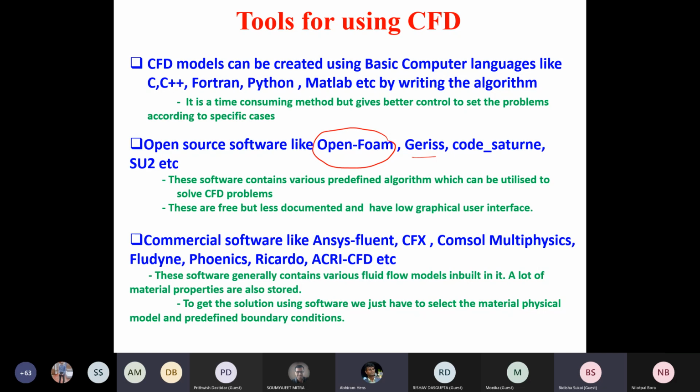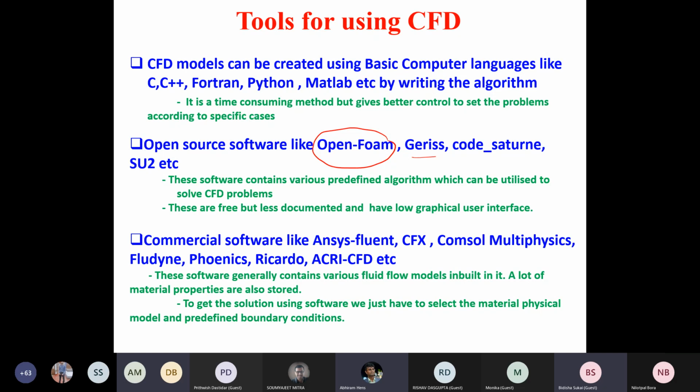This comes free of cost, as you know. These are not so well documented, so you cannot get very detailed information, or the user interface is not so user friendly. You need to write a lot of things and understand them. But if you spend some time on this open source code, you have good flexibility.